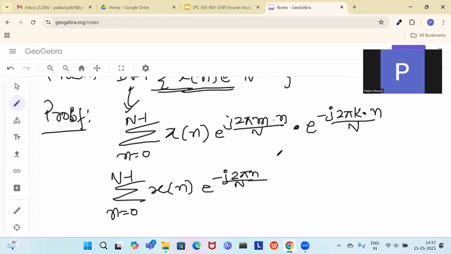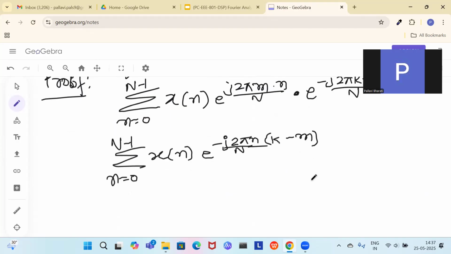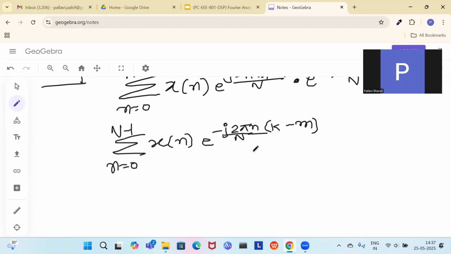The leftover parts are k minus m, because here you have taken already the minus. So this k becomes here inside positive minus m. This is it. Now once you have written it, it's very easy to recognize that this is basically X of k minus m, modulo N. And this is how it's put.